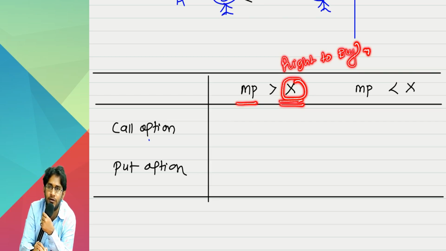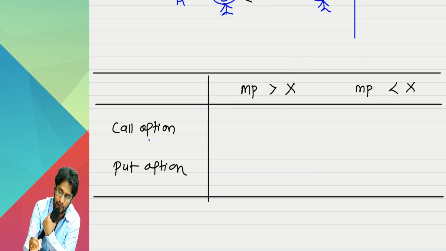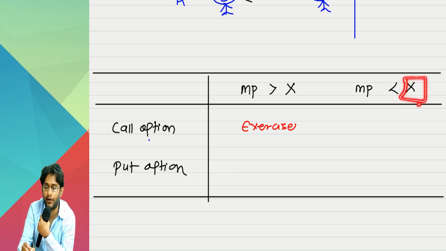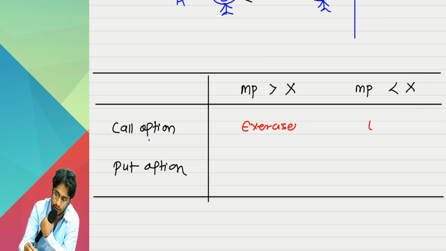Right to buy at a lower price is good, no? Therefore, you will definitely exercise the option. Similarly, come here. I have a right to buy at X, but market price is cheaper. So effectively, I have a right to buy at a higher price. Buying at a higher price is good thing or bad thing? Bad thing. So you should not exercise, you should lapse it.